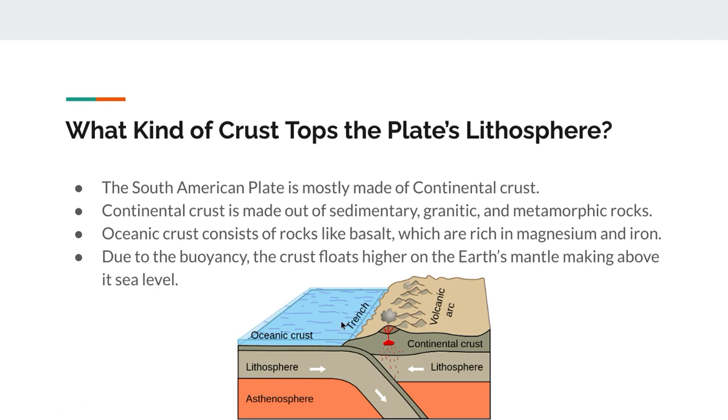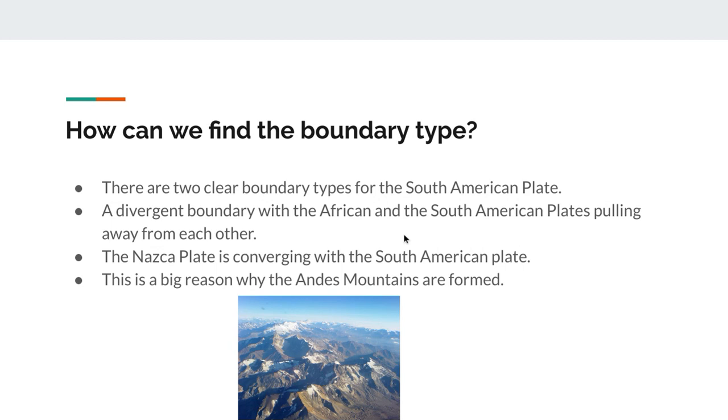Due to the buoyancy of this plate, the crust floats higher on the Earth's mantle, making it above sea level. This plate is primarily continental crust, so it doesn't have as much basalt, so it's less heavy and it's buoyant.